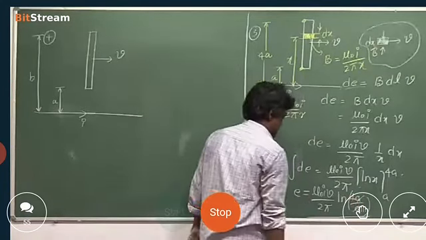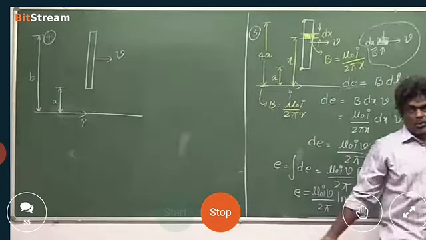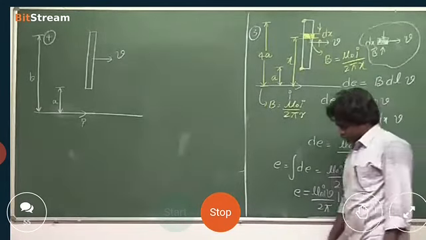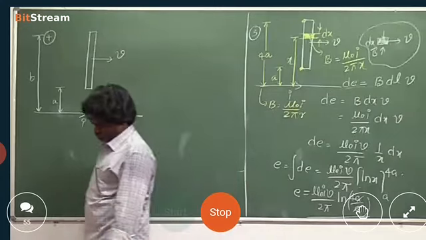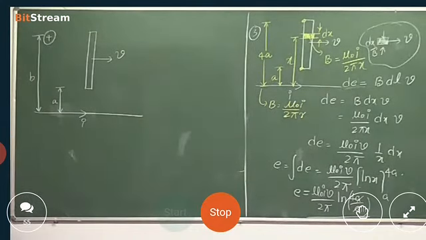I think AA gets cancelled and you get log 4. Log 4 is equal to 2 log 2. Again 2 gets cancelled, log 2. This is a very important model.